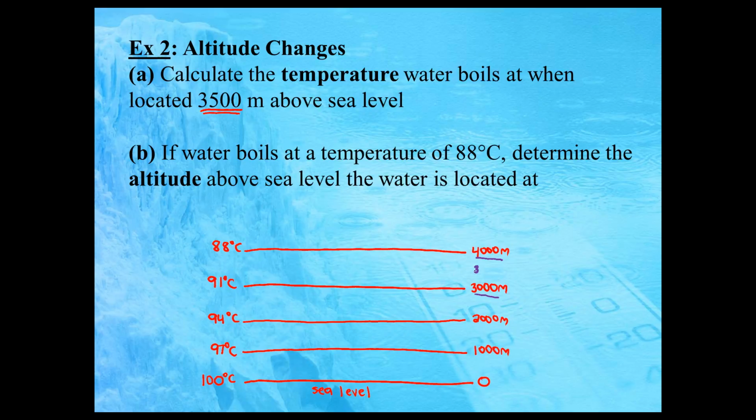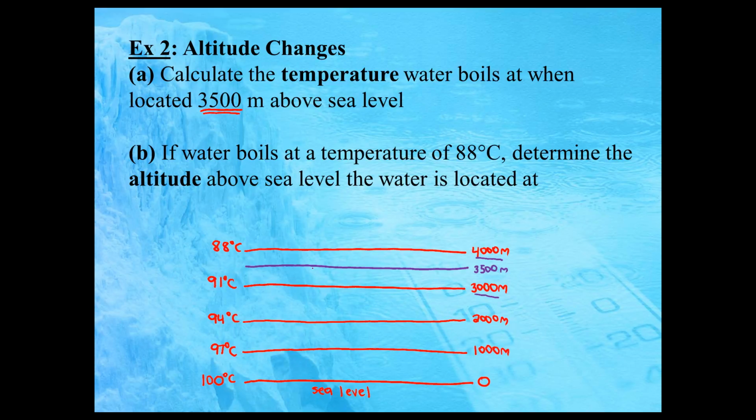So 3,500 is going to be the exact midpoint altitude between these two numbers. So if 3,500 is the midpoint altitude between 4,000 and 3,000 meters, then the boiling temperature we're looking at would also be the midpoint between 91 and 88 degrees Celsius.